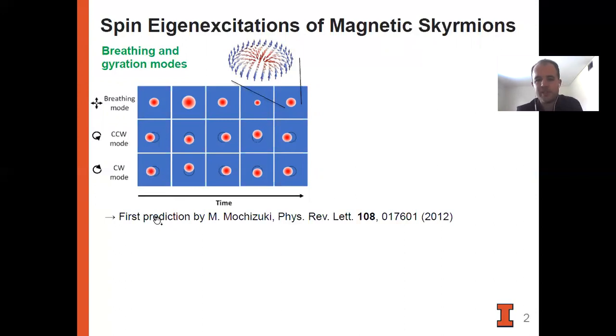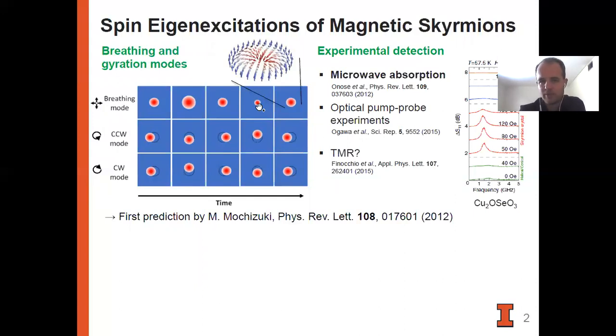These modes were first predicted by Mochizuki in the year 2012, and actually only a few months after this publication, the first experiments demonstrated the existence of these resonance modes.